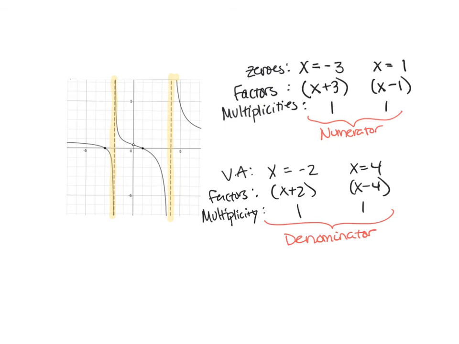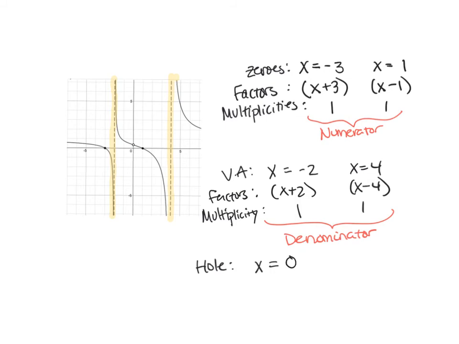And now we finally have an opportunity to look at a hole. So for us, when we look at our hole, we're not going to have a multiplicity on a hole since it's just a point, but we can take a look at our, probably not a vertical asymptote, the x value that we're going to have there. So for us, this is going to be x is equal to, right here, we have our hole or our physical open point when x is equal to 0.